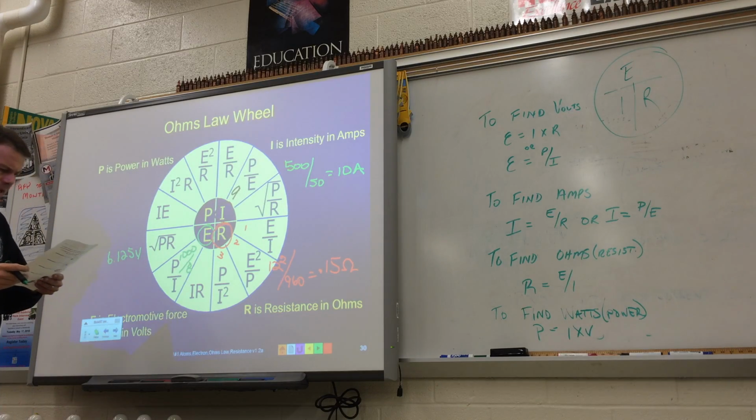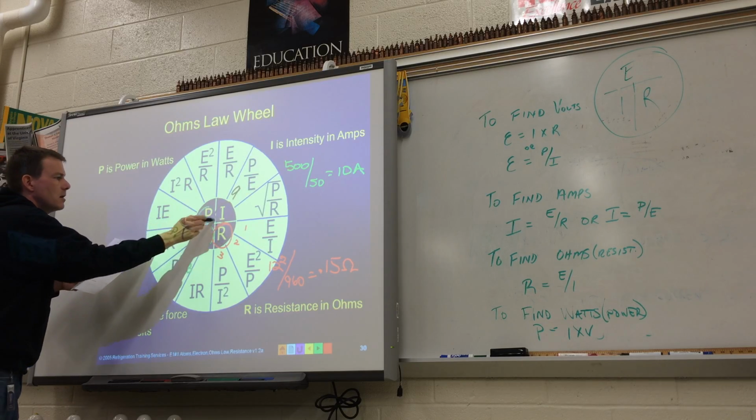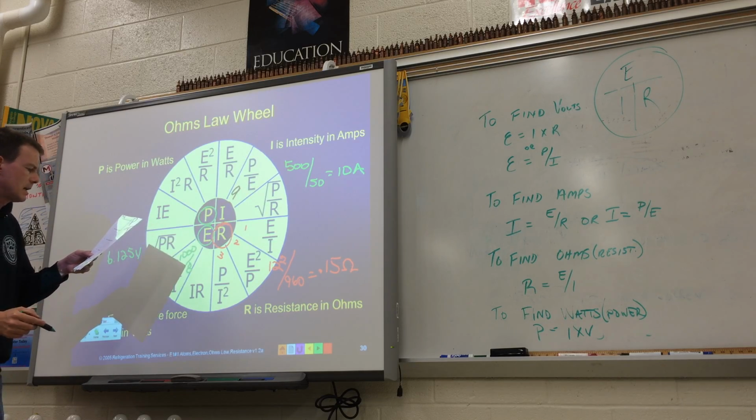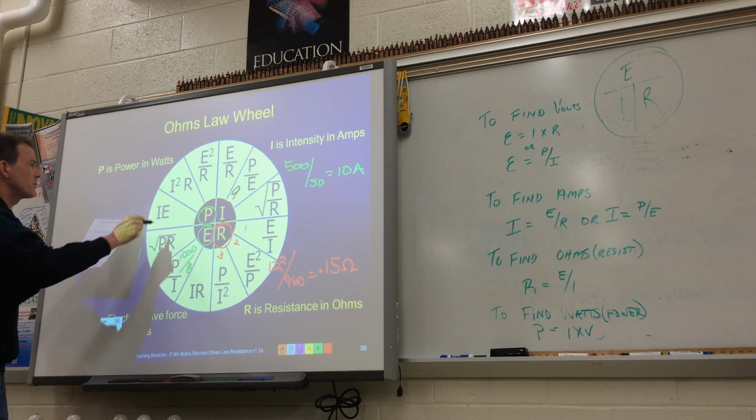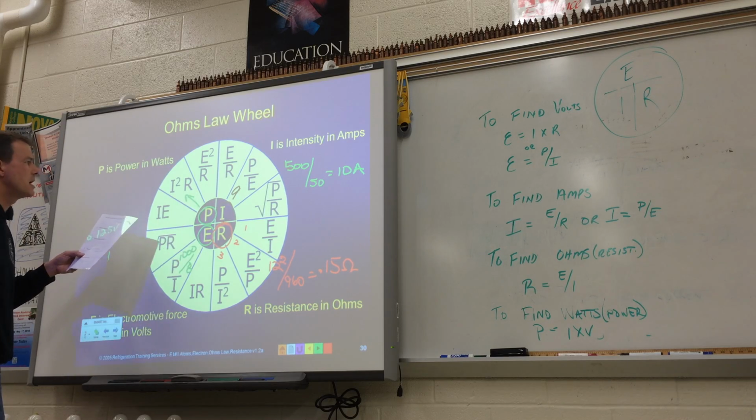All right. And then the last one is sort of like what we just did with the heater element. You got to try and find the wattage when the resistance is 24 ohms. So we're back up over to here, trying to find the power wattage. And you're given current and resistance right here.